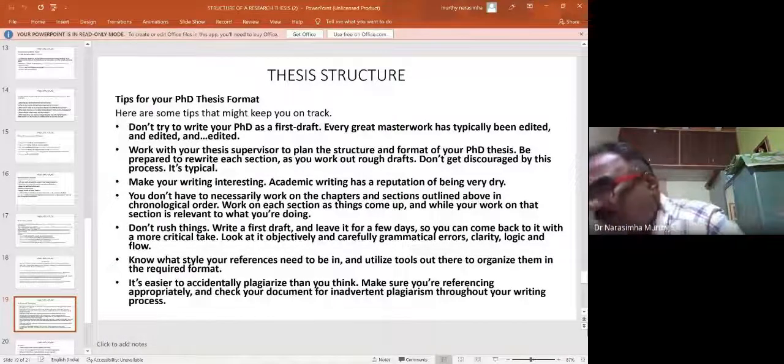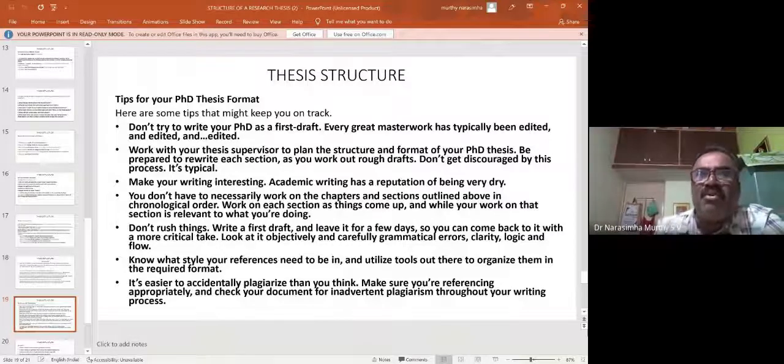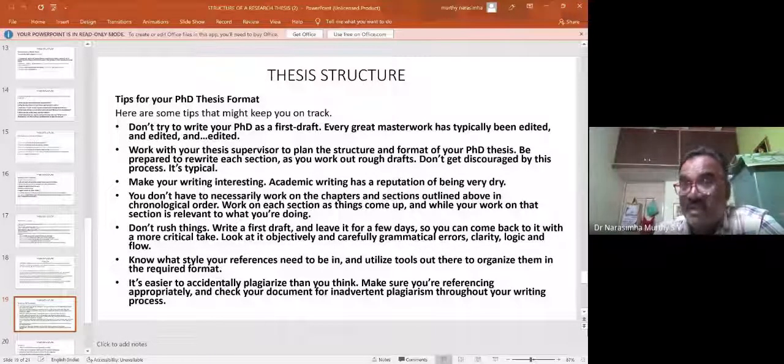I always tell my students, at least four to five times you have to edit and revise. Even in spite of all this, we find mistakes. When we get a thesis for evaluation, we find some typographical errors, some silly grammar mistakes.